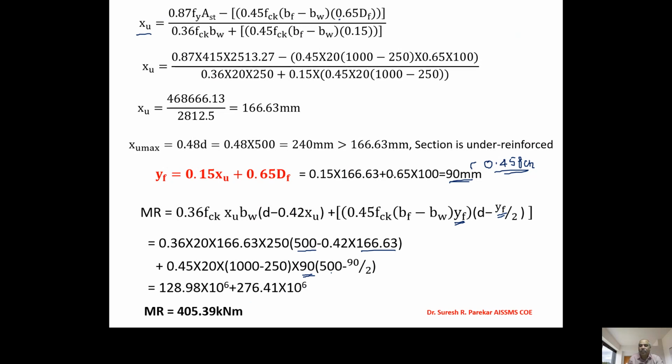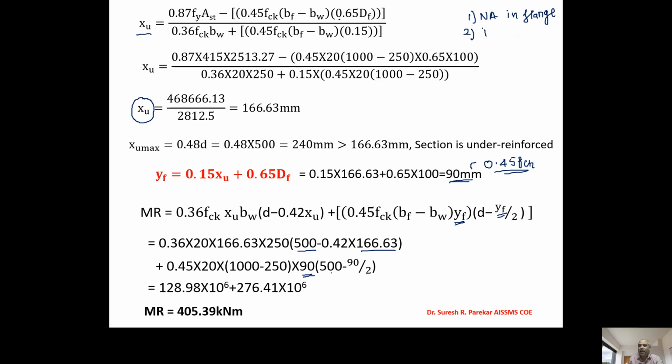So likewise we have to go. This xu plays a very important role in the case of flanged beams, and it will divide your problems into three types. These three types are most important. First, neutral axis in flange, which will be the same as your singly reinforced section.